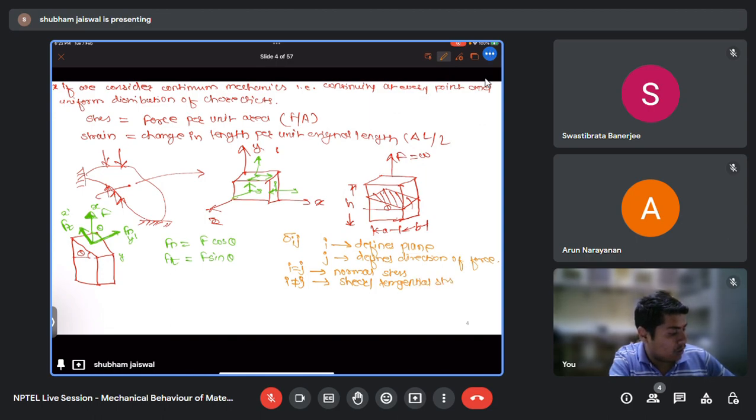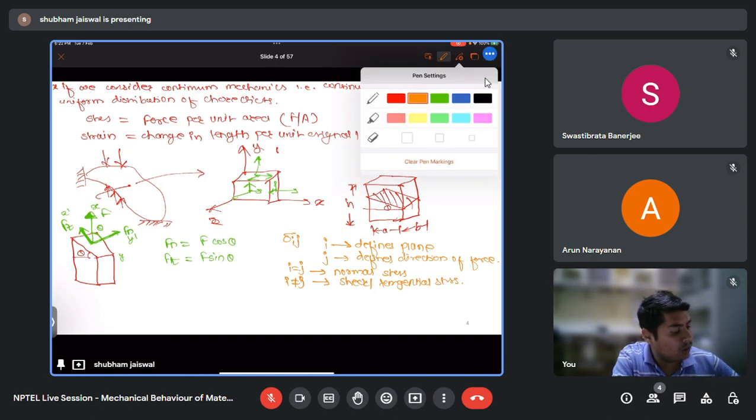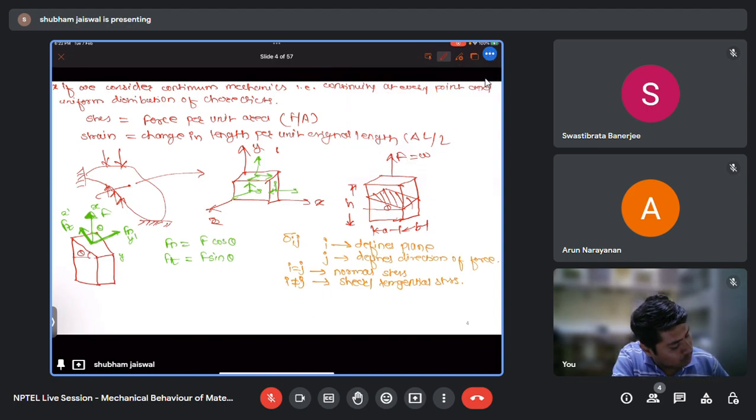shear or tangential stress. So based on this definition, we can write the normal stress, that is sigma y prime y prime, that is the stress on a y plane when the force is applied in the y direction. So it will be the normal force divided by area A theta. So what is the area?